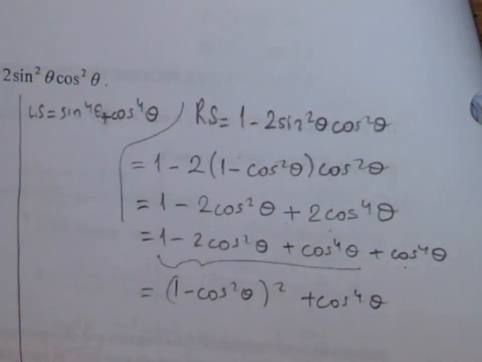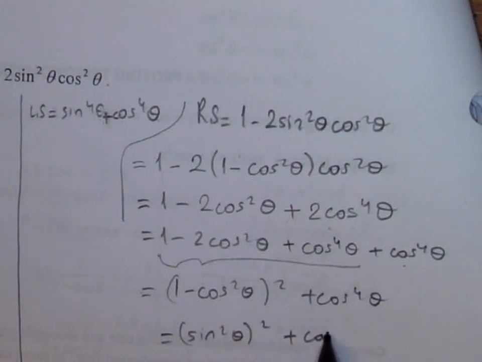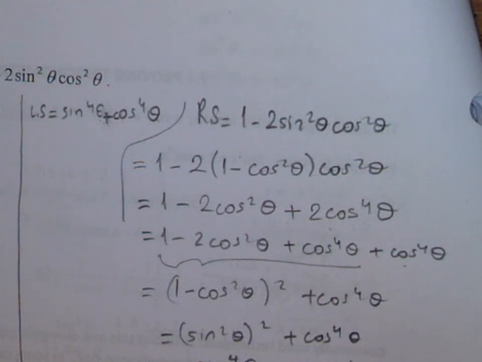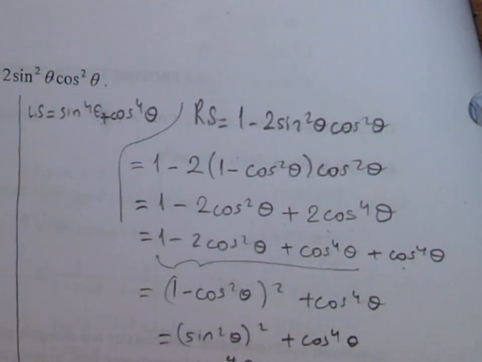So now you know that 1 minus cos square theta is sine square theta. So this gives you sine to the power of 4 theta plus cos to the power of 4 theta. So left side equals right side.